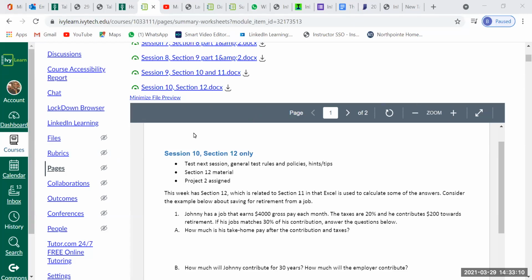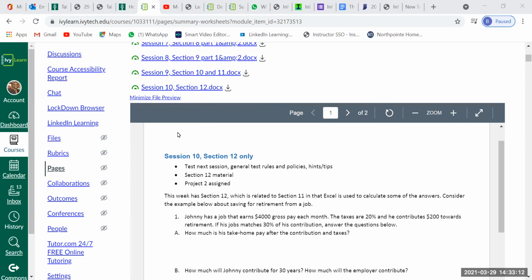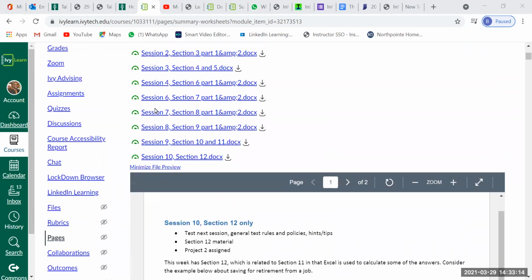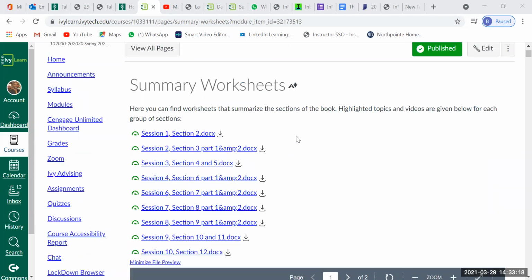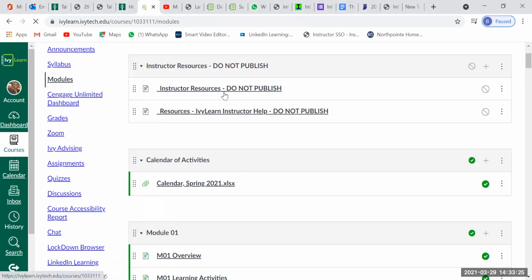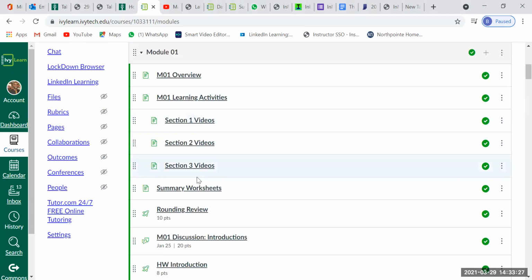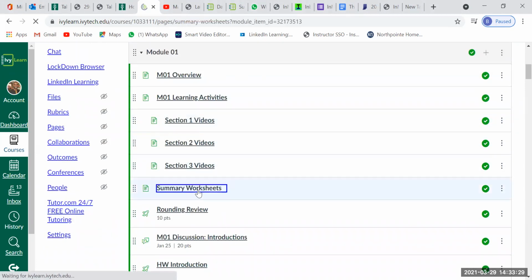All right, so I'm going to take you through some problems on section number 12. So quickly, let me show you how to get that file. Go to modules when you're in the course homepage, then scroll down and look for summary worksheets.